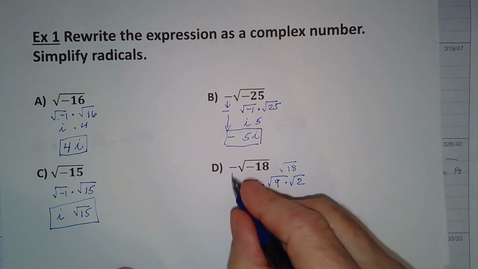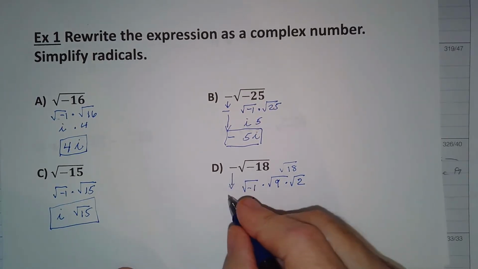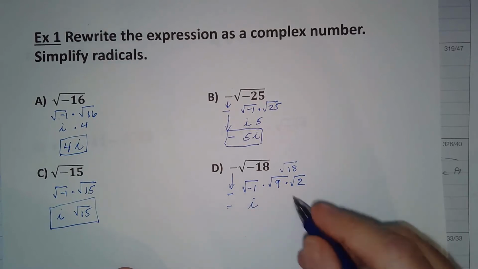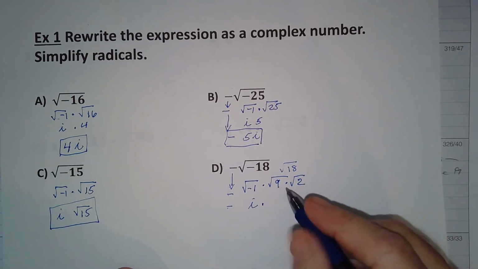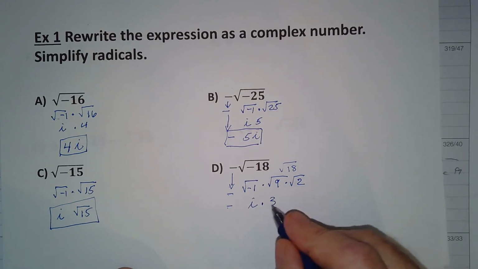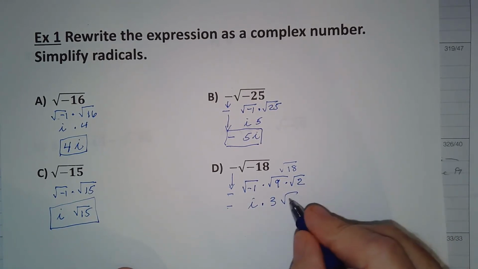And don't forget, we're going to bring down this negative sign. Okay, so we've got I here times square root of 9 is 3, and the square root of 2.